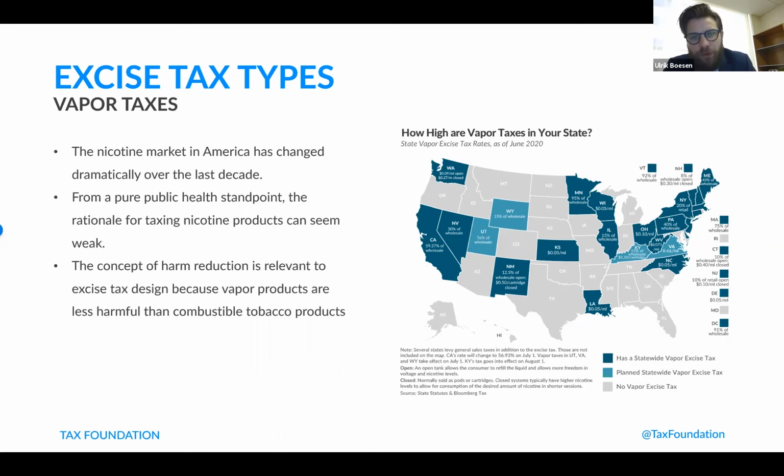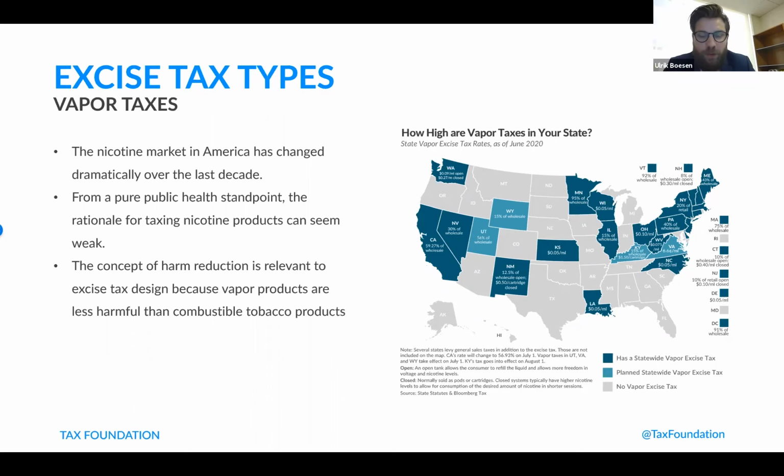I think from a pure public health standpoint, the rationale for taxing nicotine products or vapor products is questionable. And this goes back to what I had mentioned in the beginning about substitute goods. Vapor products are significantly less harmful than combustible tobacco products. So the biggest risk here is that vapor products are taxed like tobacco products.